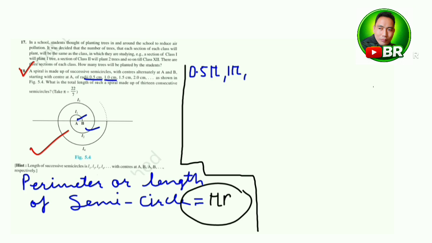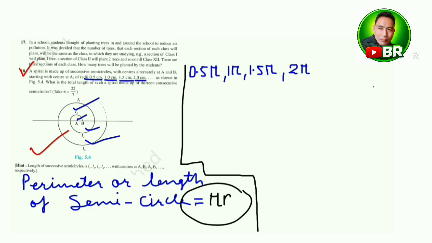Again, length of third semicircle, its radius is 1.5 centimeter, so its perimeter will be 1.5 pi. Similarly, length of fourth semicircle, its radius is 2 centimeters, so its perimeter or length will be 2 pi.